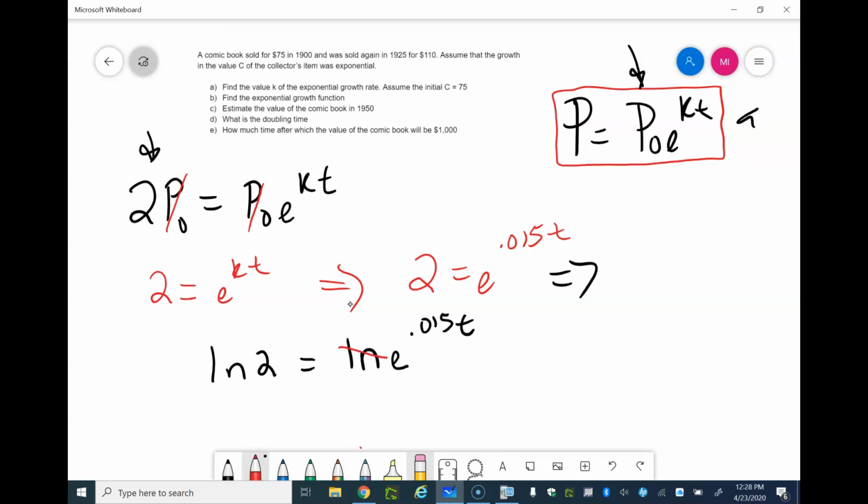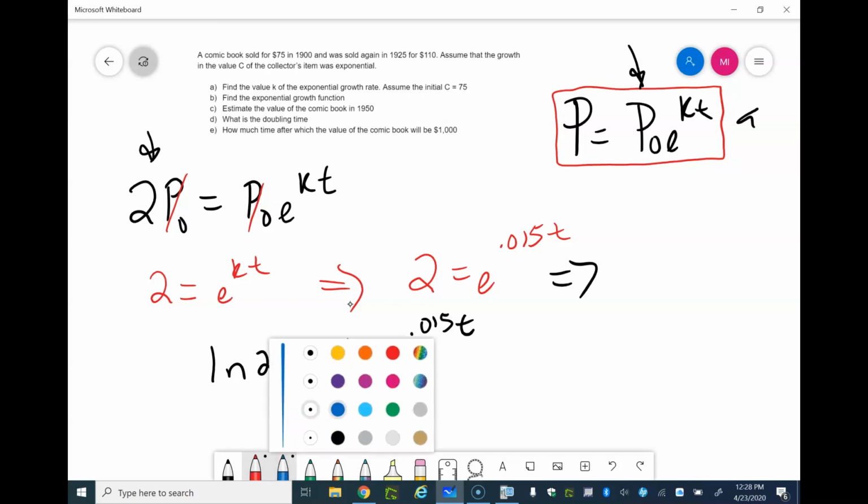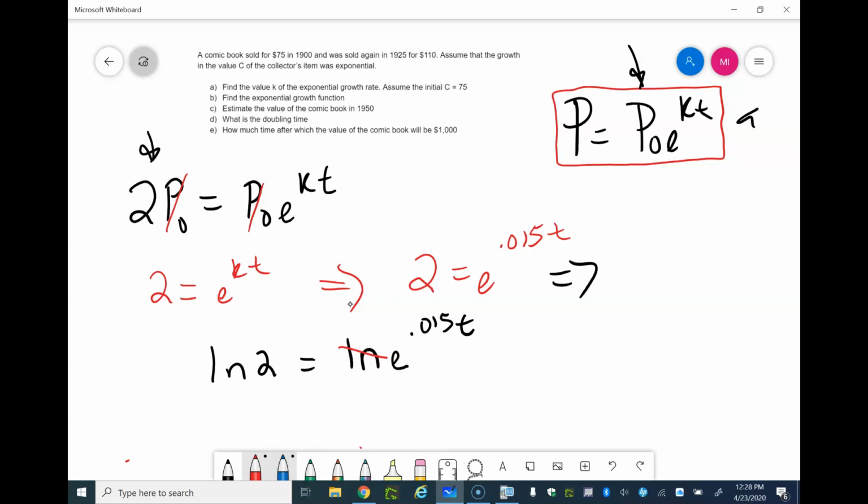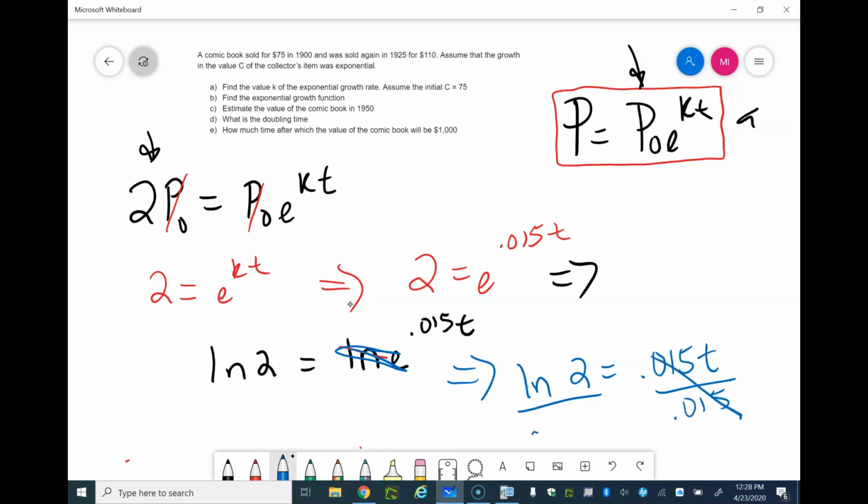These will cancel. So once those cancel, all I'm left with is ln of 2 is equal to 0.015t. Divide both sides by 0.015 to get T by itself. These cancel. So T is going to be equal to whatever this is, and we're going to throw that in the calculator.